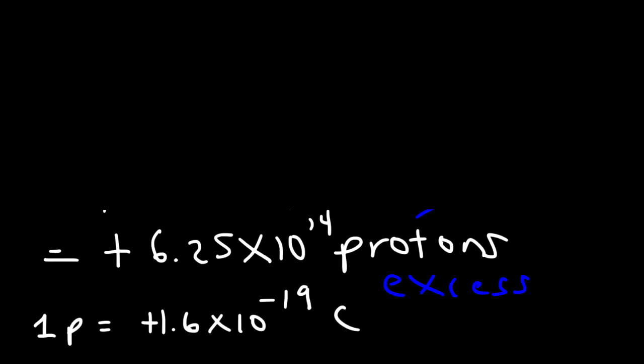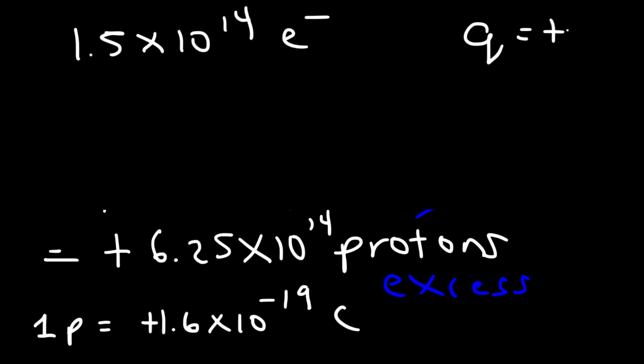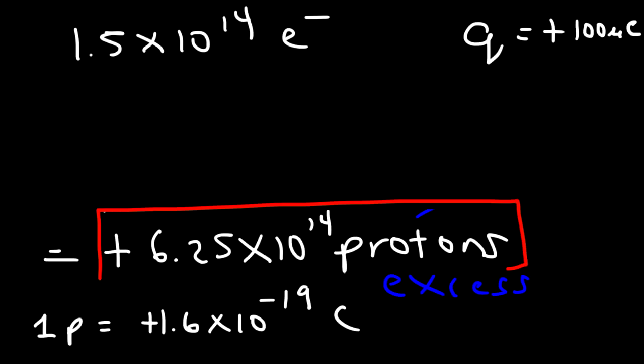So let's say if there were 1.5 times 10 to the 14 electrons, and the object still has a net charge of positive 100 microcoulombs. How many protons will there be? So this number is the difference between the number of protons and electrons. It just means we have that many more protons than electrons.